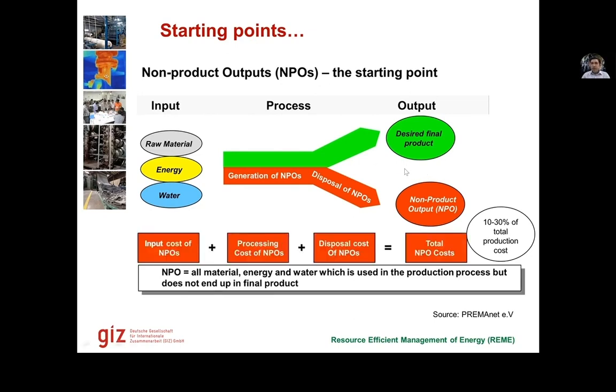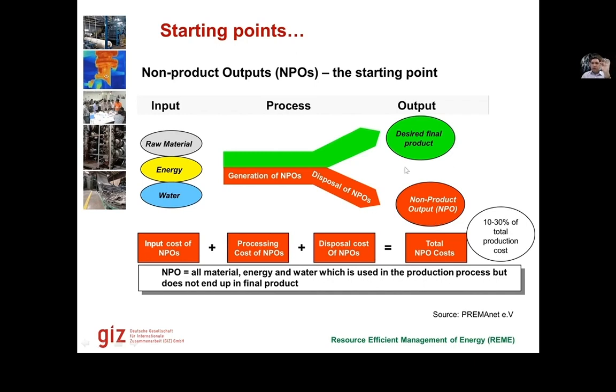So if we have, for example, wastage, let's say that 90% of our material ended up in the final product, but 10% of our material ended up in wastages like cutting wastages or rejections or reworks. 10% of waste material is our non-product output.